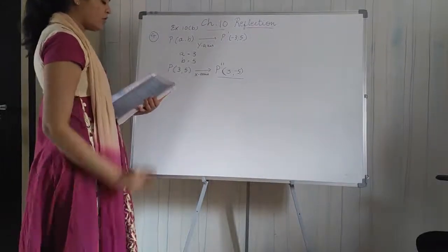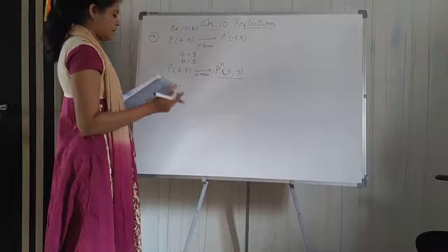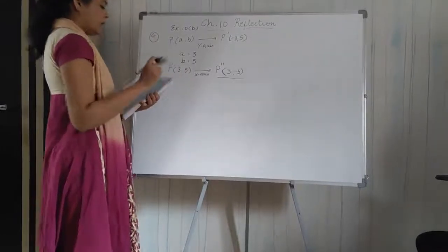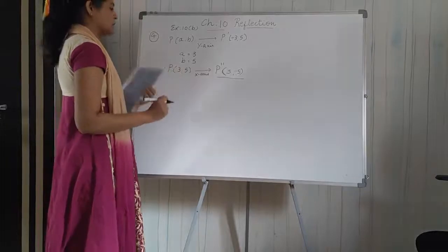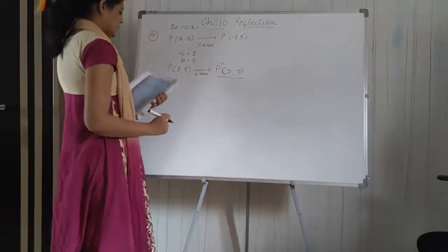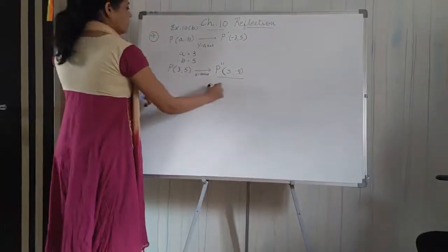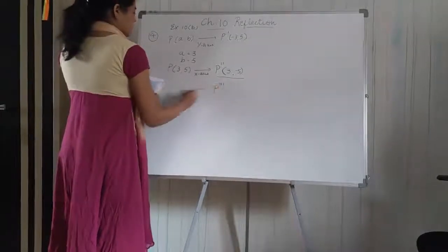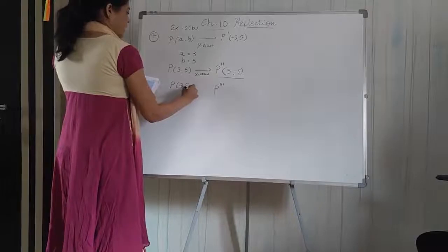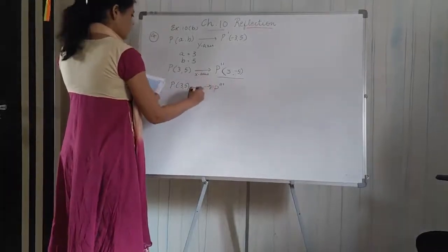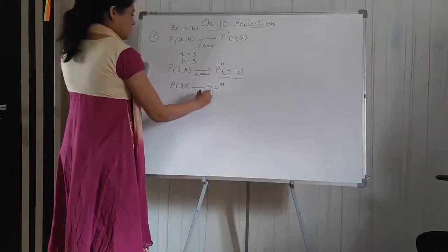Find the coordinates of P''' when P is reflected in the line parallel to the x-axis such that its equation is y = -3. So here I want P''' values, and P(3, 5) is reflected in which line? y = -3.